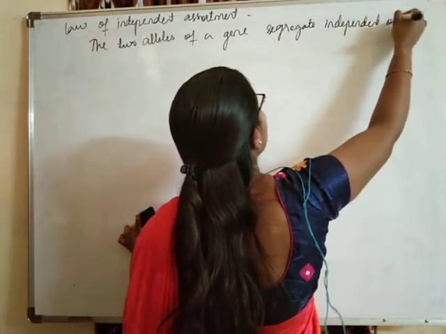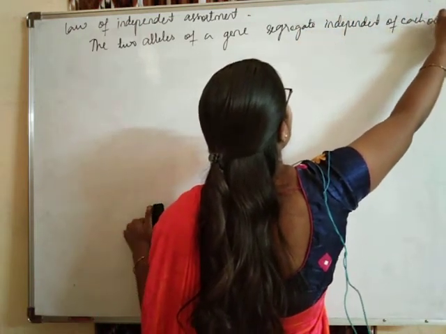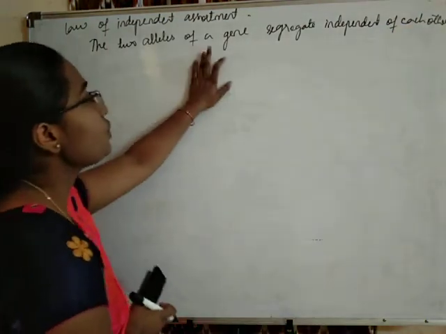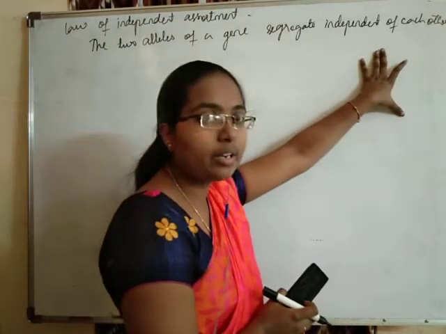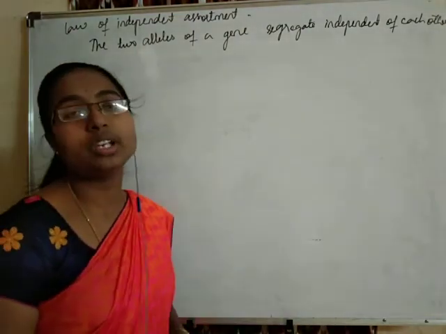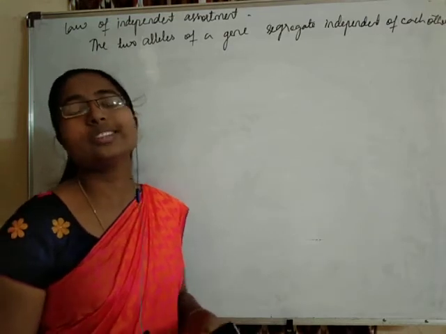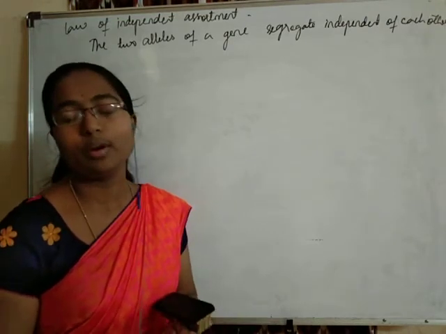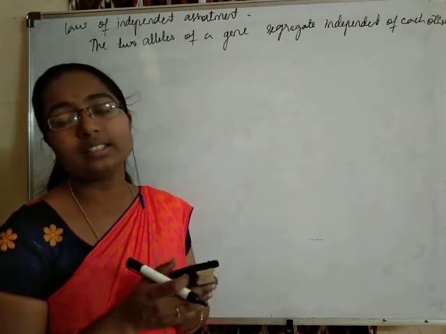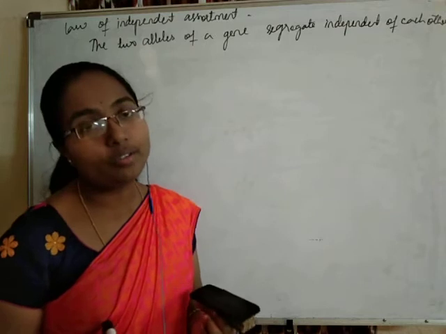That is why we are able to see new combinations. Yellow is combining with the wrinkled seed shape, and green is combining with the round seed shape. It is just because the alleles are segregating independent of each other.